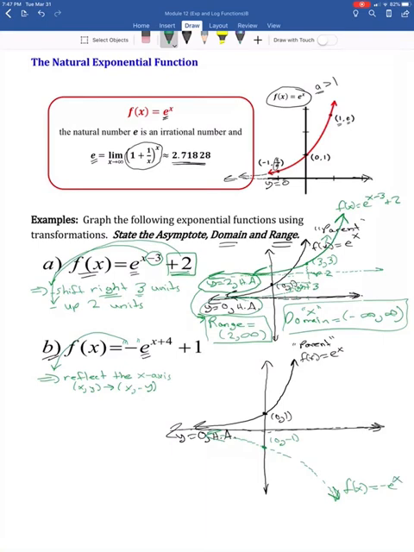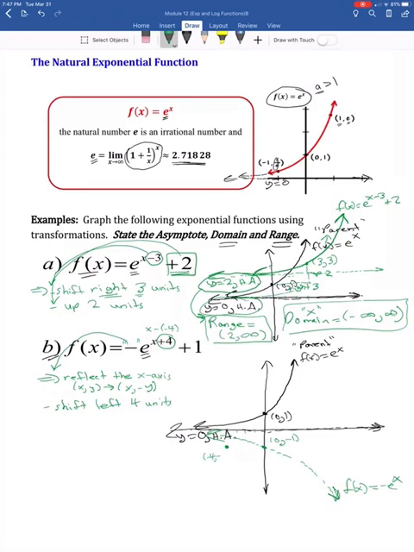Now we have a couple other changes. We got a +4. So again, this is the same thing as saying x minus -4. So that means we've got a horizontal shift to the left 4 units. We're going to subtract a 4 from every x-coordinate. So (0, -1), let's go ahead and track that. If we go left 4 units, we're going to be over here at the ordered pair (-4, -1).